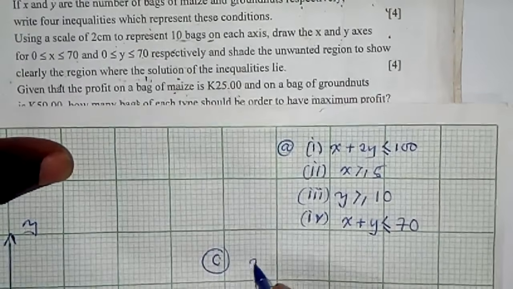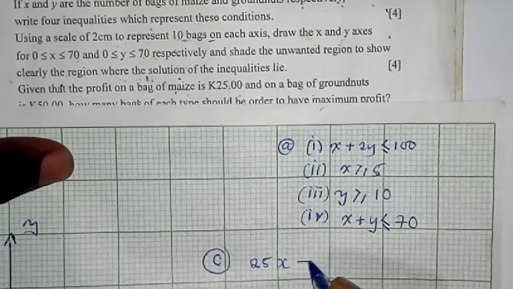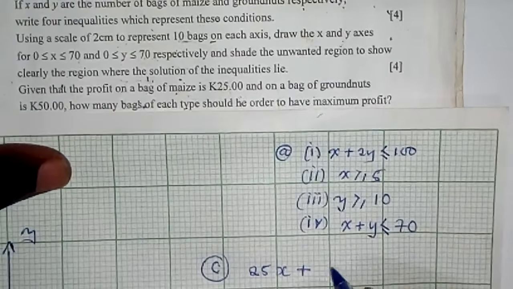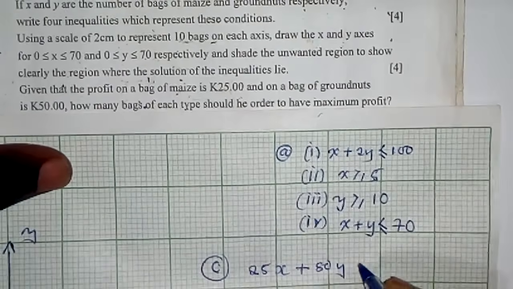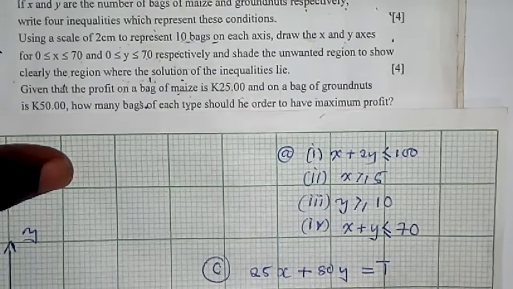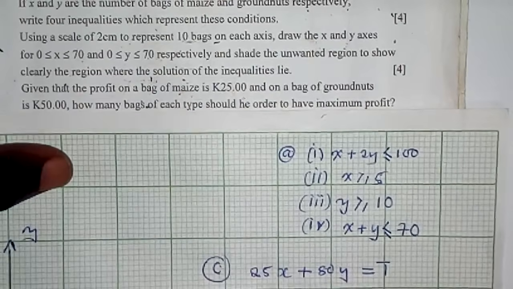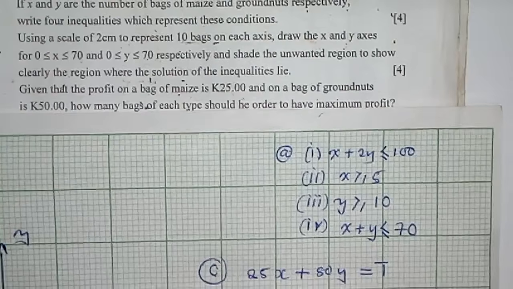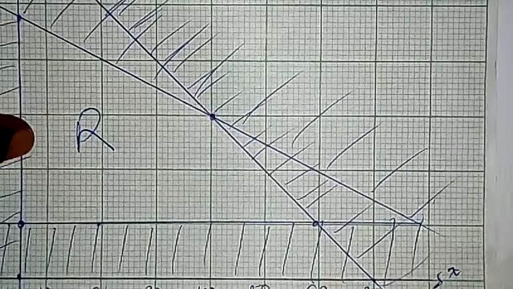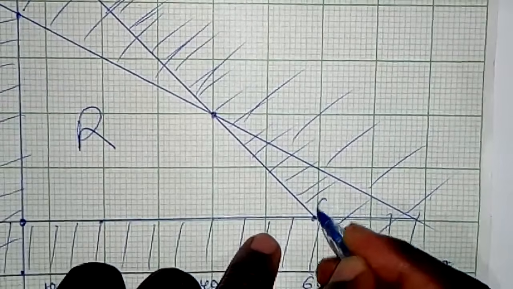So we say 25 is for x, which is for maize, plus 50 y, which is for groundnuts, is equal to T, any letter. This is called the objective function. Once we get this, we start checking the coordinates here.